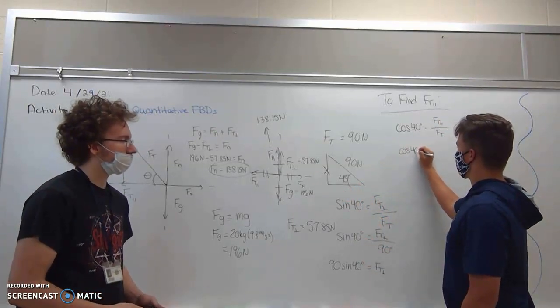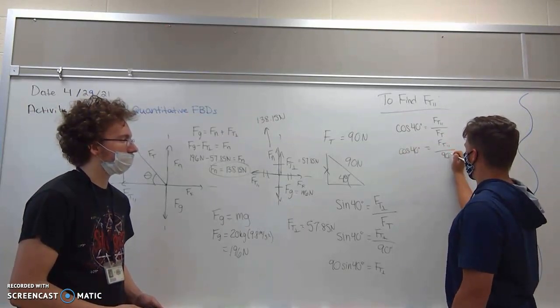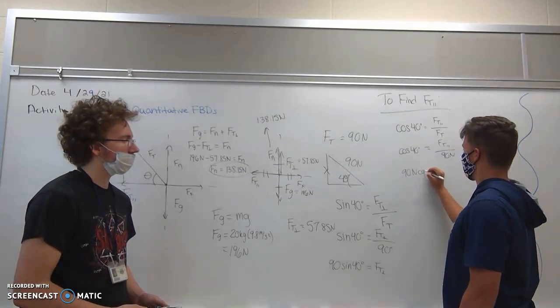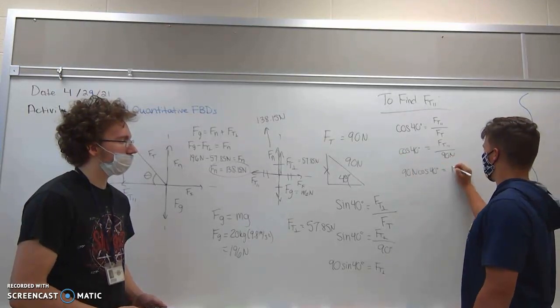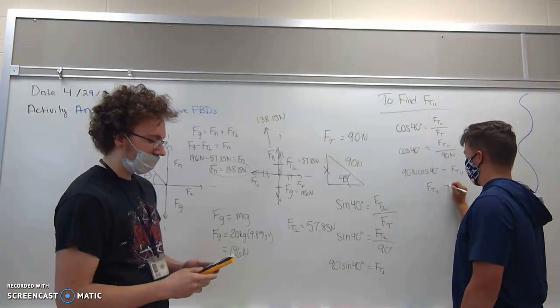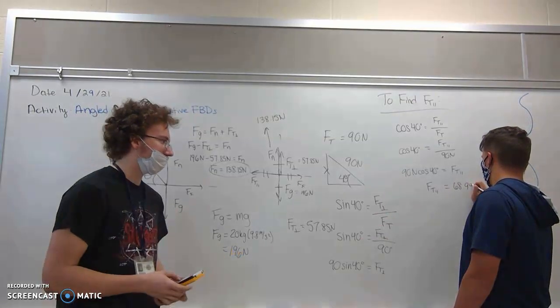Cosine of 40 degrees is equal to FT parallel over 90. 90 newtons times cosine of 40, because we have to multiply it over, is equal to FT parallel, making FT parallel 68.94 newtons.